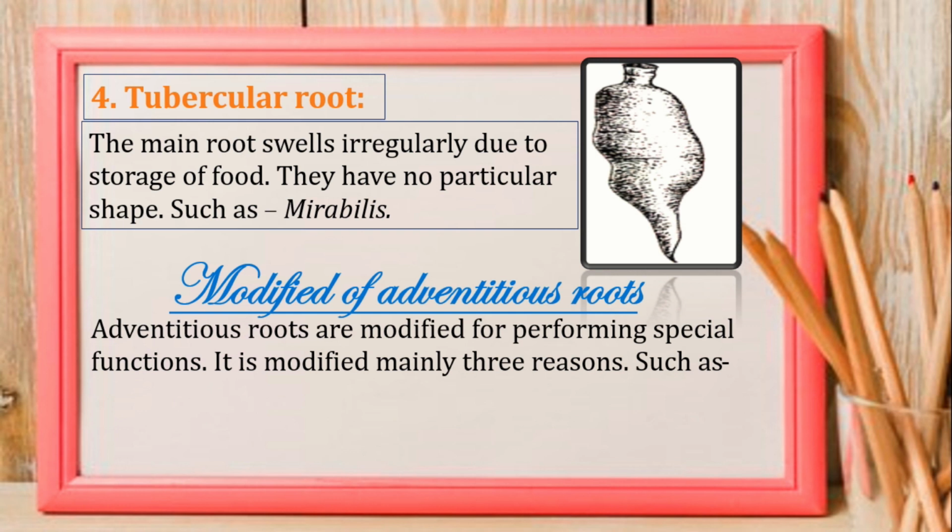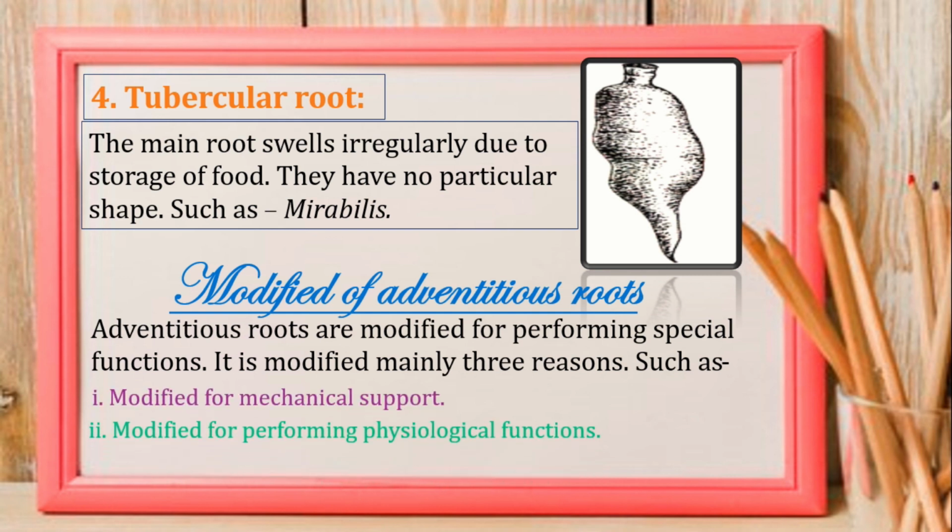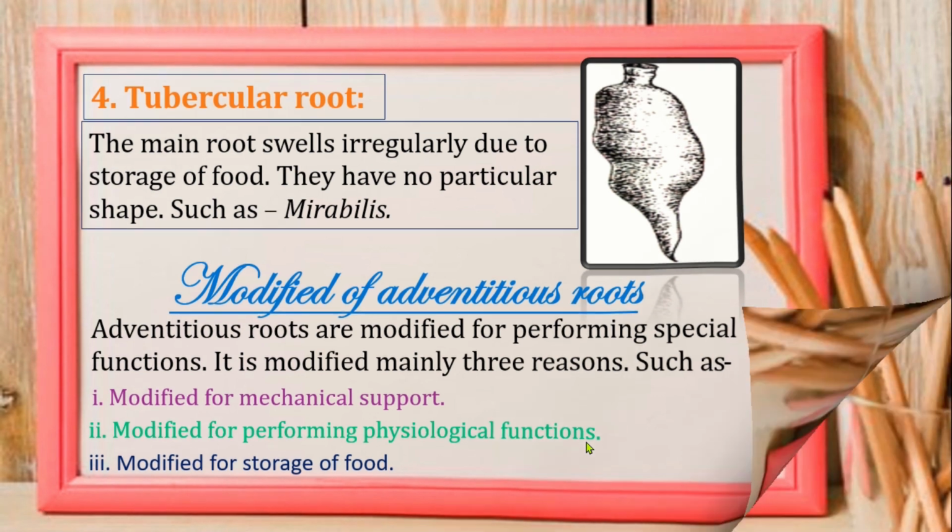It is modified mainly for three reasons: modified for mechanical support, modified for performing physiological functions, modified for storage of food. In this class, I will explain the first 2 points. That means modified for mechanical support, modified for performing physiological functions.